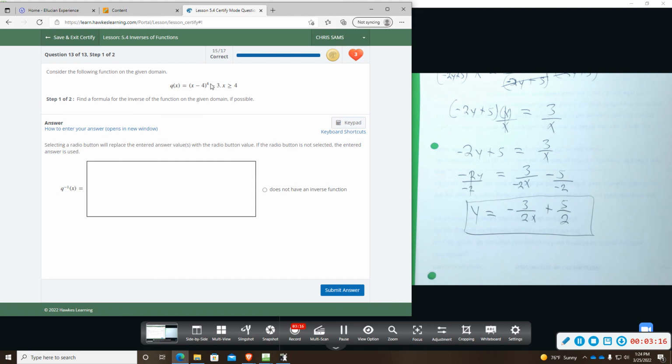Usually the even roots don't give us an inverse, namely because you cannot take the square root of a negative number. However, since x is going to be greater than or equal to 4, when you take the root, like if you do the fourth root, this is always going to be positive. We'll never have a negative. So therefore, we will be able to do the inverse over this domain.